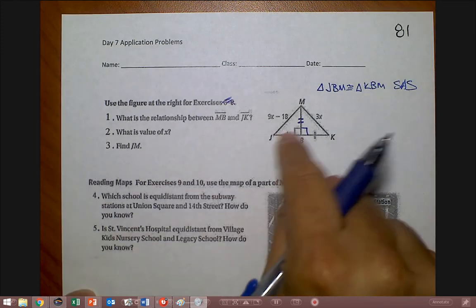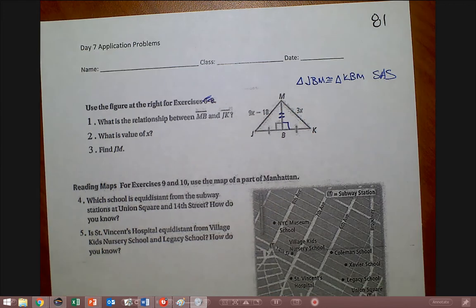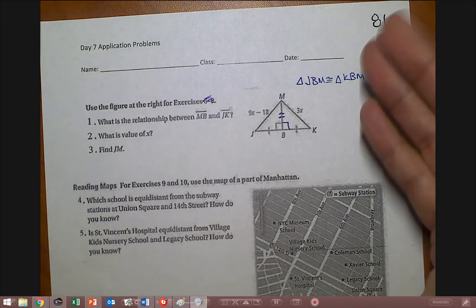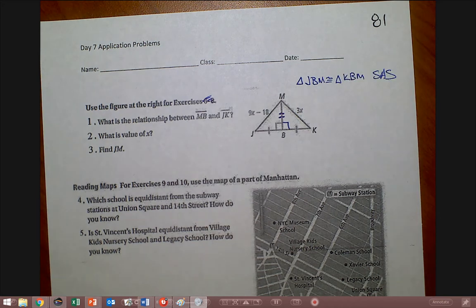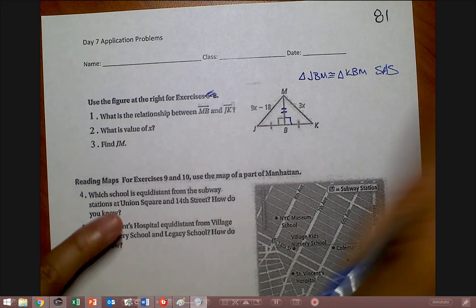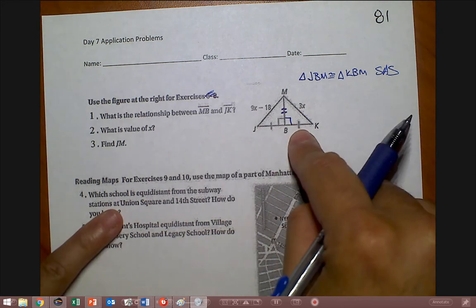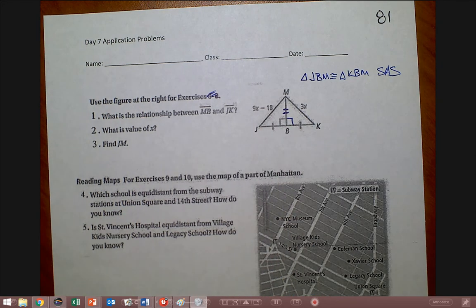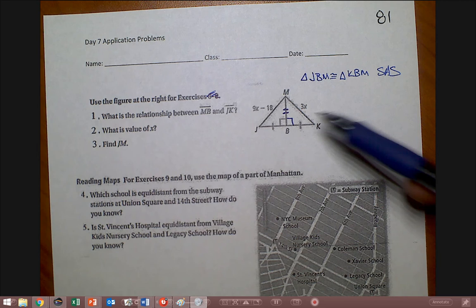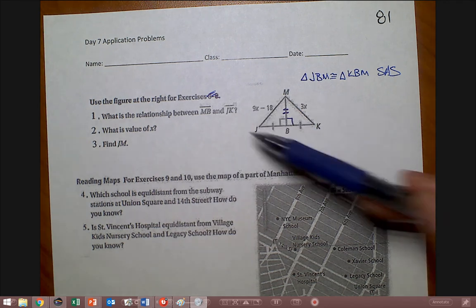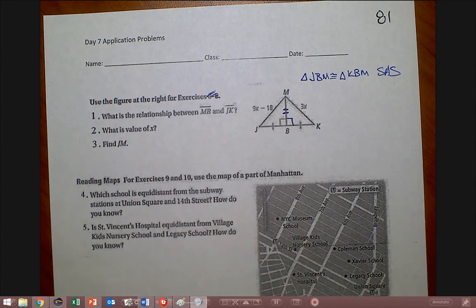Yes, it is side angle side, side angle side. But we're not doing a proof on this. You just need to understand certain things that go along with this. So from doing this, I know that these two triangles are congruent. Since these two triangles are congruent, what do I know about all their parts?